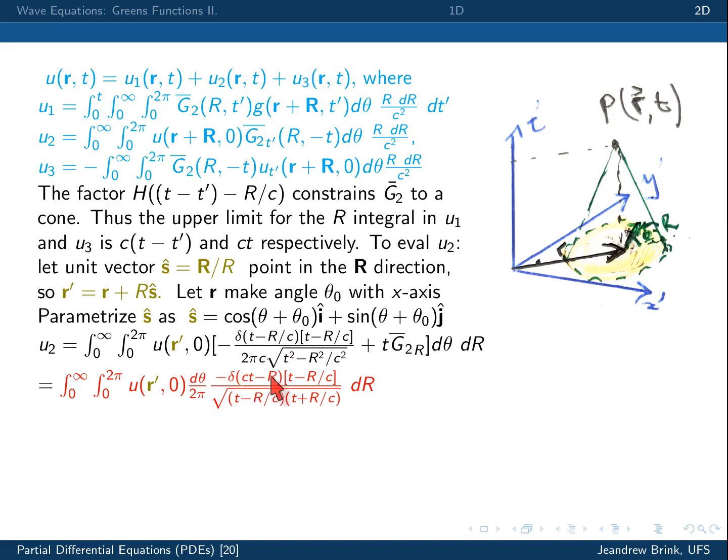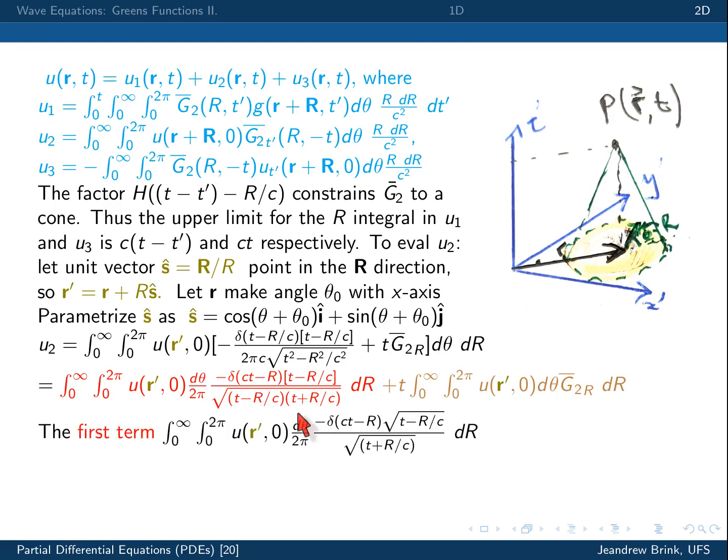And the moment you fix r equal to ct, these two factors go to zero. The fortunate thing is that this thing can then basically be written as the square root of t minus r over c over the square root of t plus r over c. So I've cancelled this divergent factor below the line with the numerator.